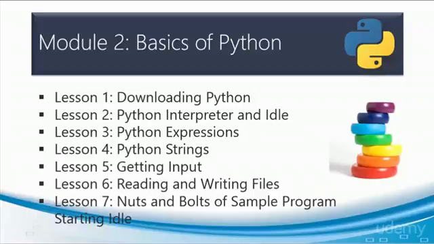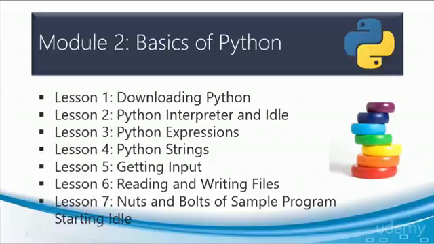Lesson 7 is the nuts and bolts and starting the idle. So in this lesson, I will explain the actual interface itself, what each line means. So I'm going to open up a sample program and I'm going to demonstrate various parts of the program. For instance, there may be certain code that may be in a different color, for example, or that performs a certain function.